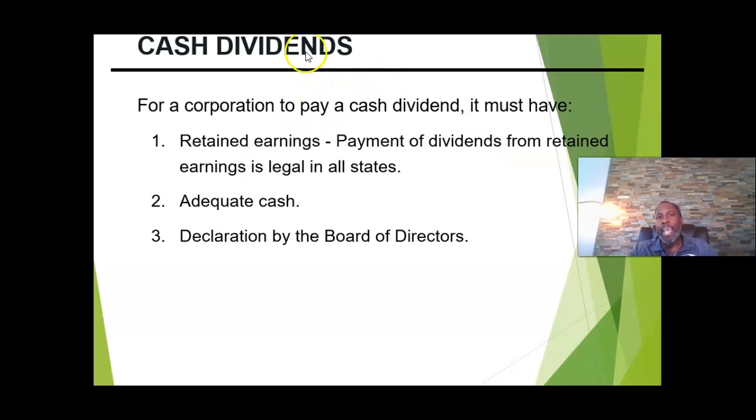And we're focusing on cash dividends, okay? So when it comes to paying out cash dividends, they're going to impact retained earnings. There must be adequate cash to pay out in the form of dividends. And again, dividends must be approved by that company's board of directors.